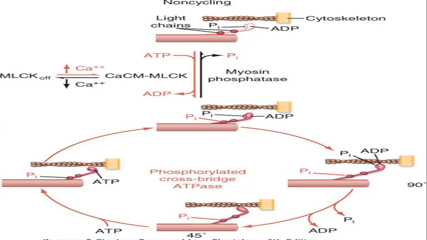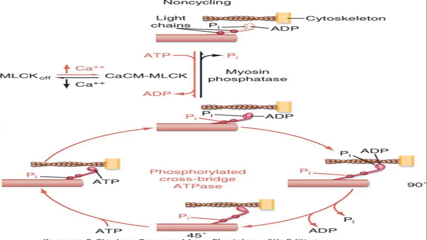So you can see in this picture the different events that are occurring during the process of contraction in the smooth muscles. Regulation of smooth muscle myosin interaction with actin by calcium stimulated phosphorylation. In the relaxed state, cross bridges are present as a high energy myosin ADP Pi complex in the presence of ATP.